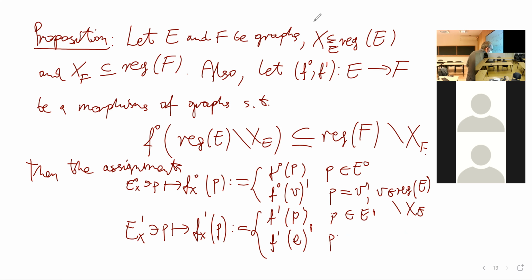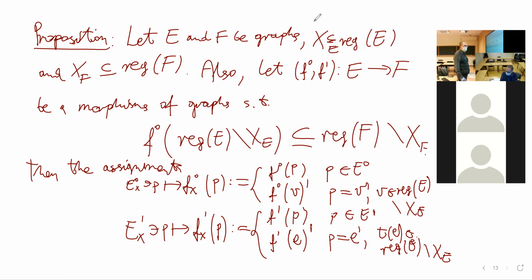Okay, for P equal to E prime, and the end of E being a regular vertex which is not in X E. In other words, using our previous notation, this means that P is in F prime.